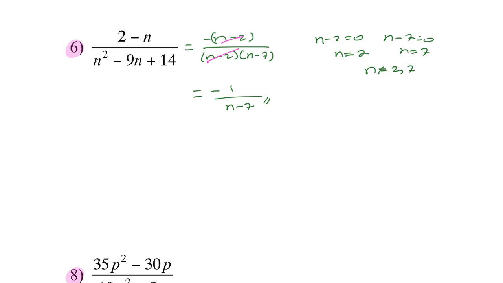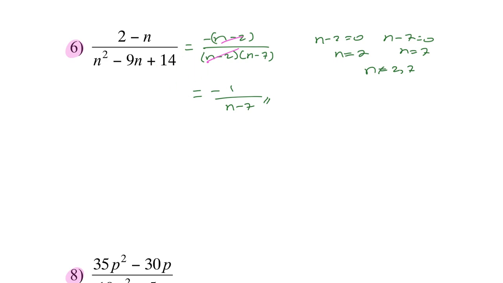Again, I found this before I cancel out. So n minus 2 equals 0, n cannot equal 2, n minus 7 equals 0, so n cannot equal 7. And now I can just cancel this and that. Don't forget that we had that negative here. Again, everything else canceled from the numerator, so I've got to keep that 1. So negative 1 divided by n minus 7.